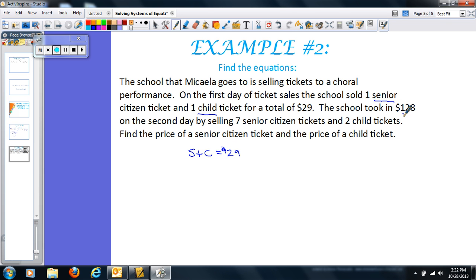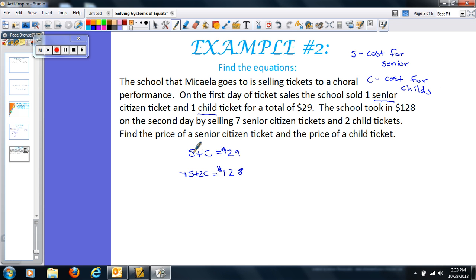The school took in $128 on the second day, so that goes here, by selling 7 senior tickets and 2 child's tickets. The S represents the cost of a senior ticket, and the C represents the cost of a child's ticket.